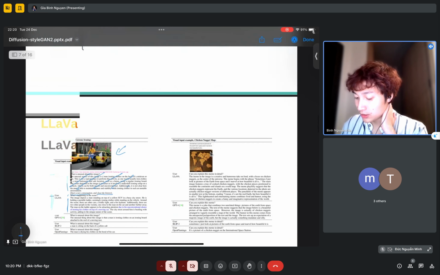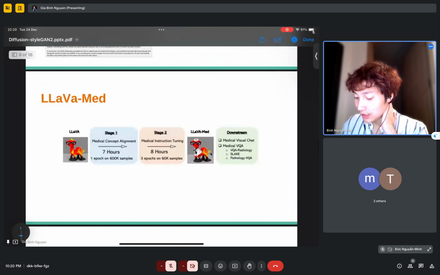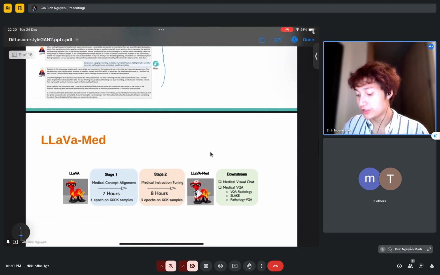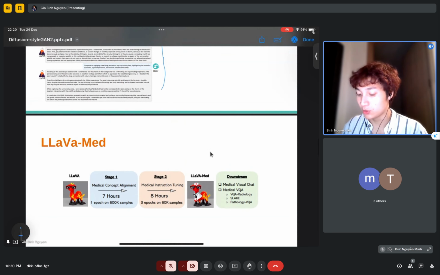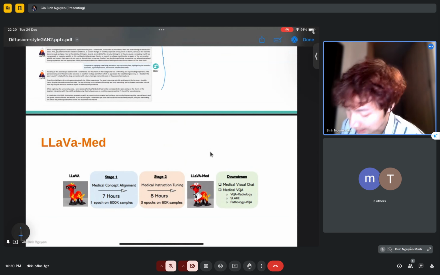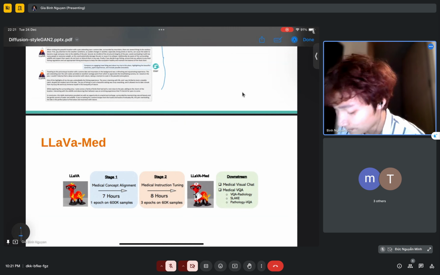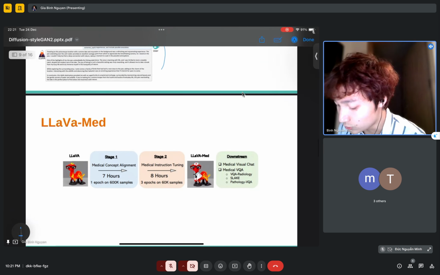Let's go to LLaVA-Med. LLaVA-Med inherits the whole architecture from the LLaVA model, and the idea to create the datasets and train is similar to the LLaVA model. Here's how it was trained.